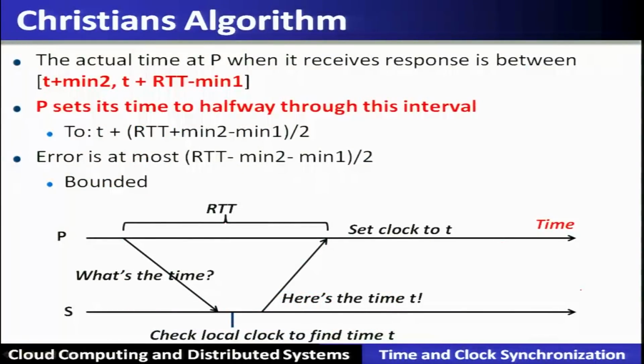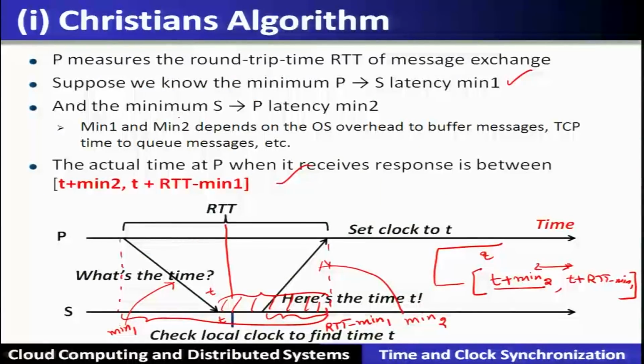So P will set its time to halfway through this interval. So what is that interval? If we recall, that interval will be T plus RTT minus min 1 minus T minus min 2, that is RTT minus min 1 minus min 2.